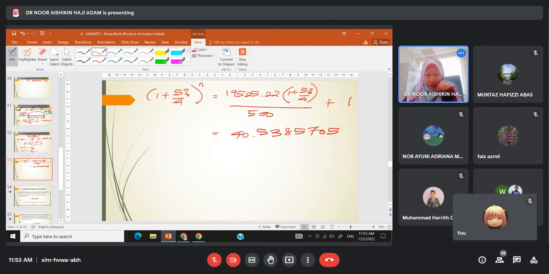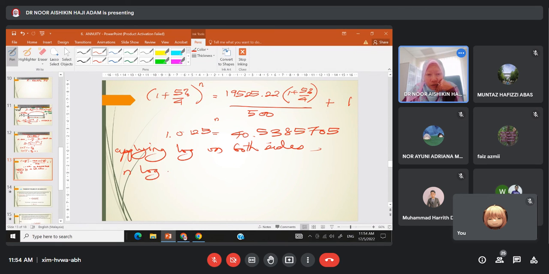Now, 5% over 4 ni, kita dah boleh simplify kan? That is 1.0125, isn't it? To the power of n. Now, how do we find n? Nak buat turun n macam mana? Guna log. Yeah, applying log on both sides. Kena guna log.